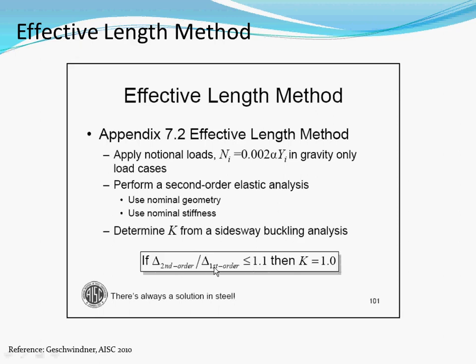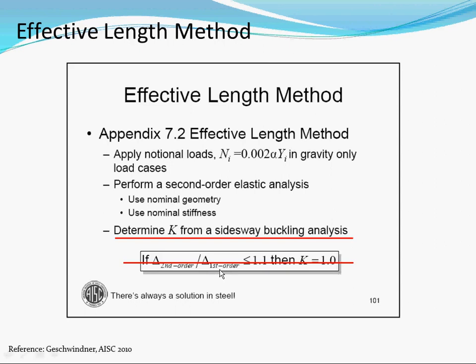If the second order and first order are less than 1.1, then K equals 1. So for us, we're not really checking that first order, second order. There's another additional check. We'll just let the SAP calculate a K and see what K value it is, because first of all we have the PR connection. We don't know what the effect of that is. So the computer program probably models it better and gets a better solution than us looking up a K value.